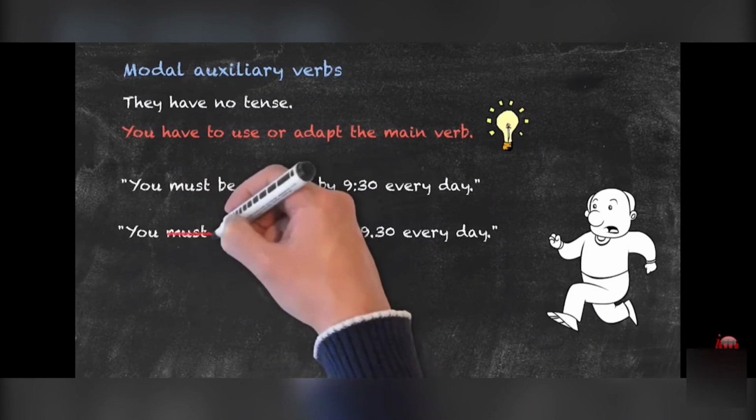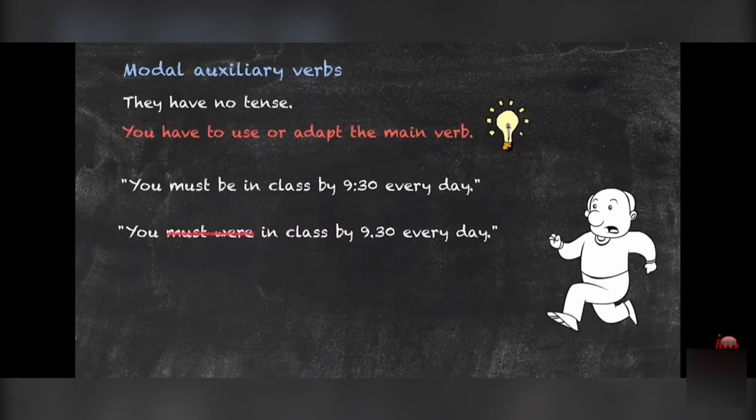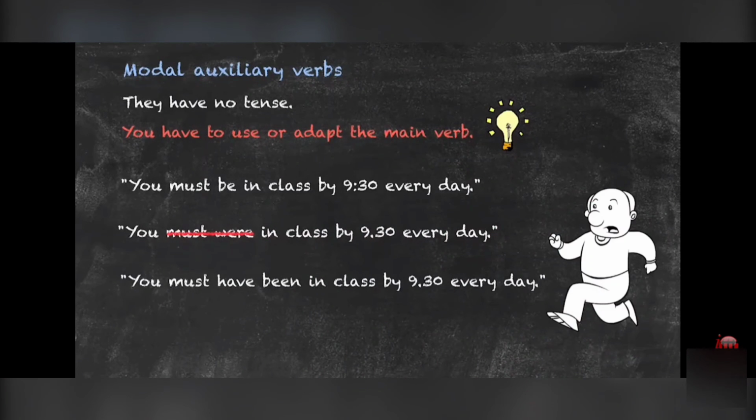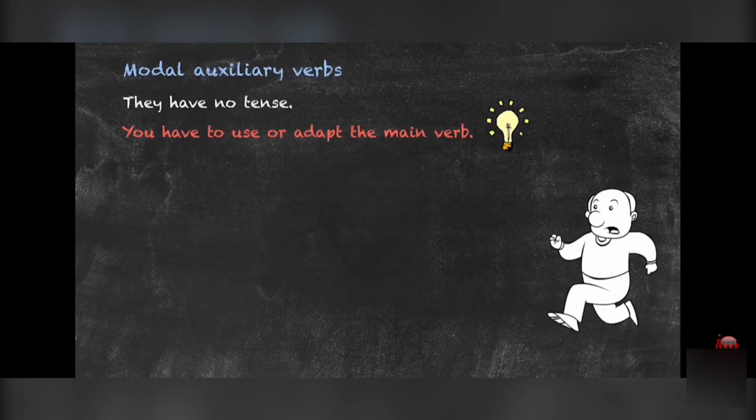Unfortunately, this is now not an obligation, but a deduction. So the modal auxiliary verb must, in this case, can't be used to talk about an obligation in the past. In this case, you would use a semi-modal. "You had to be in class by 9:30 every day," with had to used to express obligation in the past.